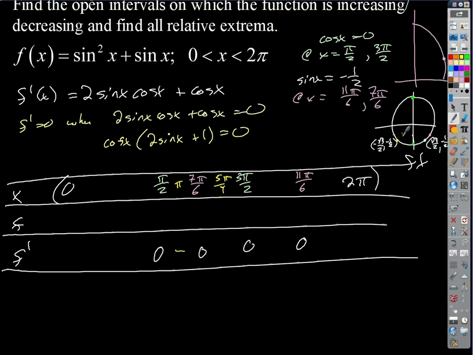So this is going to give me 2 times negative square root of 2 over 2, times negative square root of 2 over 2, which is positive. Square root of 2 over 2 times square root of 2 over 2 is just 1/2. So 2 times 1/2 is 1. Plus the cosine of 5/4 pi is going to be negative, but it's less than 1.